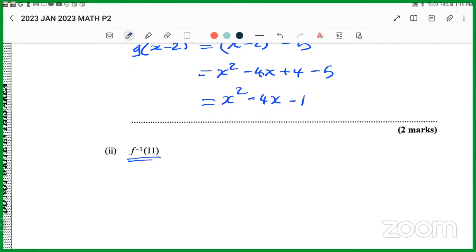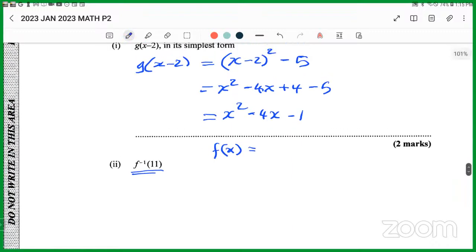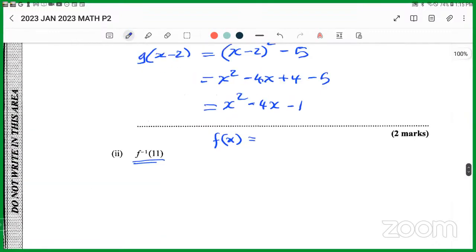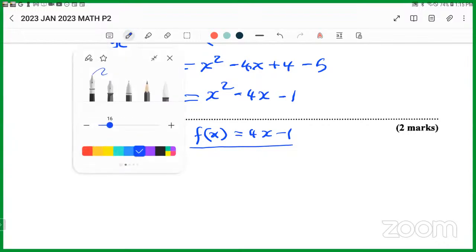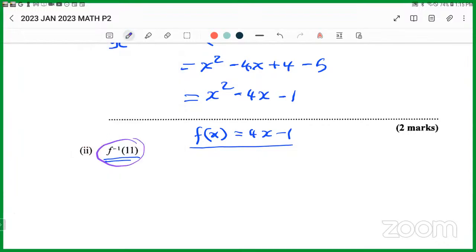What I'm going to do is say let, first, f of x, remember, I have it on the screen, is 4x minus 1. And you want to find f to the minus 1 of 11. So I'm going to say let this thing that I want equal some number n.